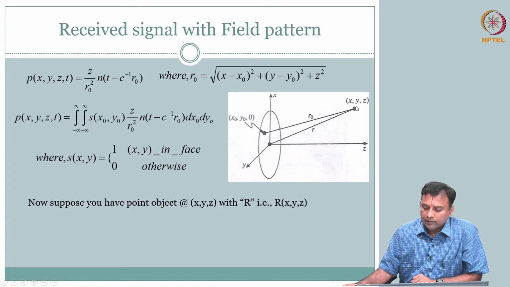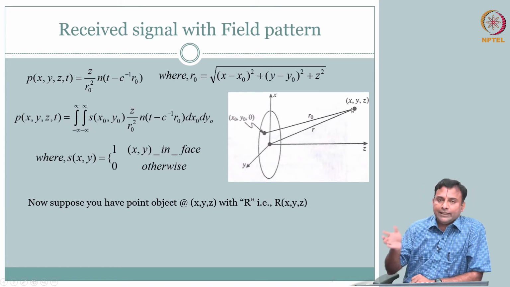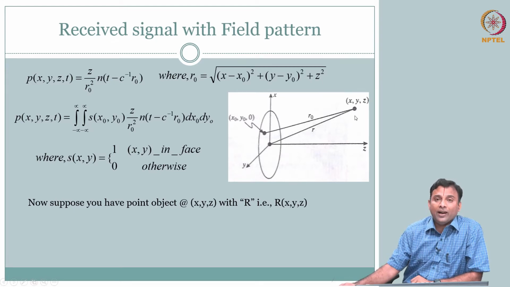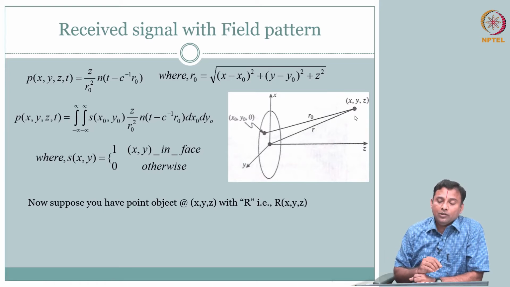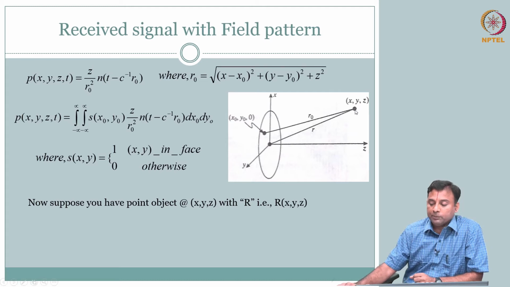So, this is fine. This is on the transmit part of it, right. You transmit. So, this is what is going to be experienced. What are we interested in? We are interested in pulse echo. So, what is going to come back? If I pretend now this point has some reflectivity, right.